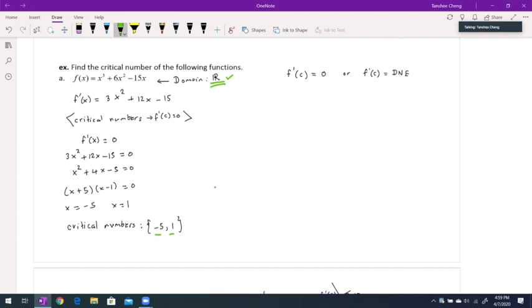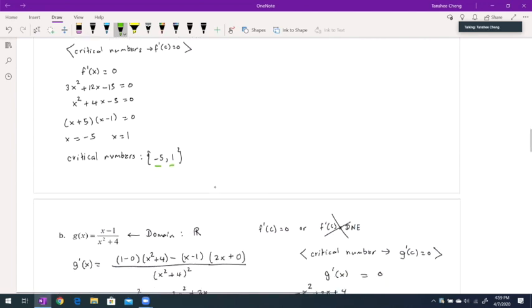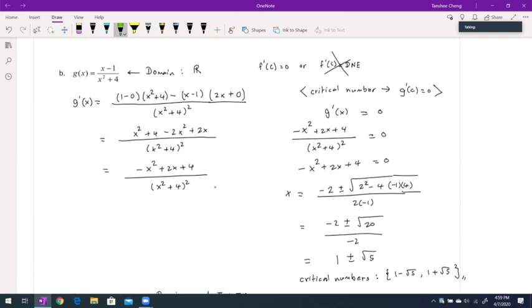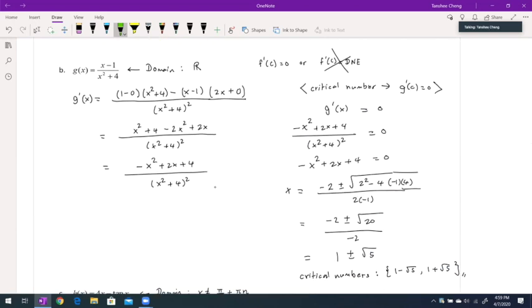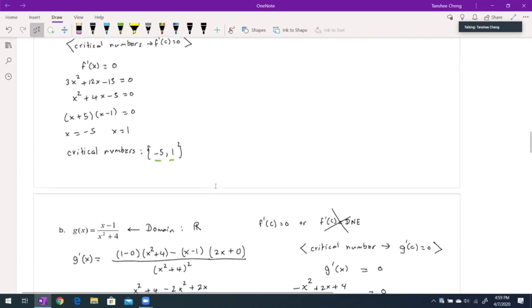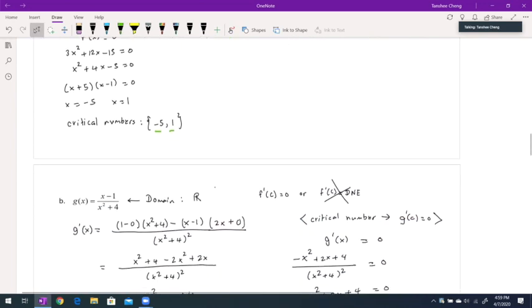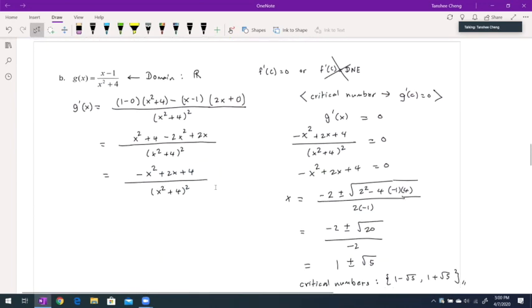Any questions? Okay. Continuing this. So once again, we don't need to consider this anymore because of the particular function that we have. So continue now on to the next example.